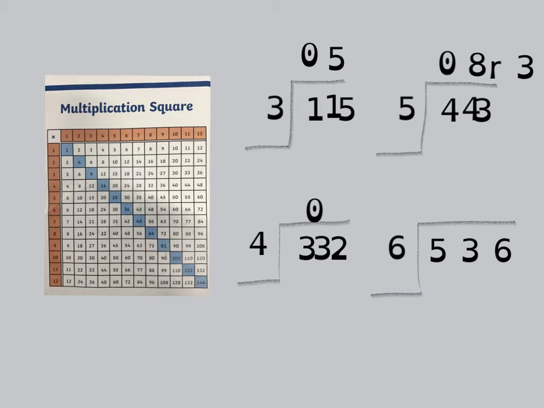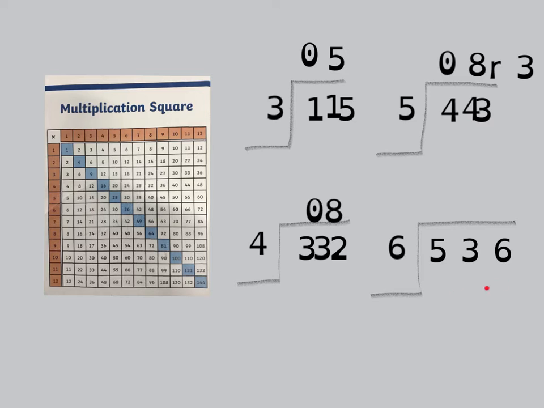Now 32 is in the 4 times table, so if we look down the 4 times table, 4 times 8 is 32. So we write 8 on top, no remainders because it divides equally. So again, our answer is 8. Okay, so you've got the 0, but you don't say the 0, there's no value there, so that's why your answer is purely 8.